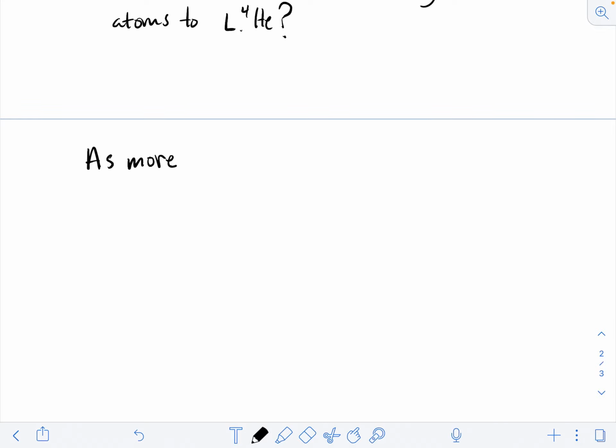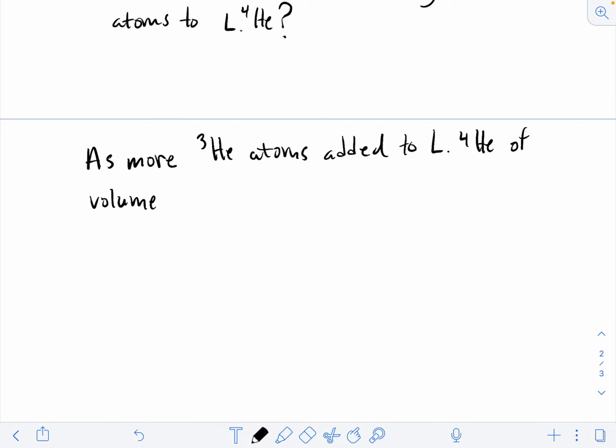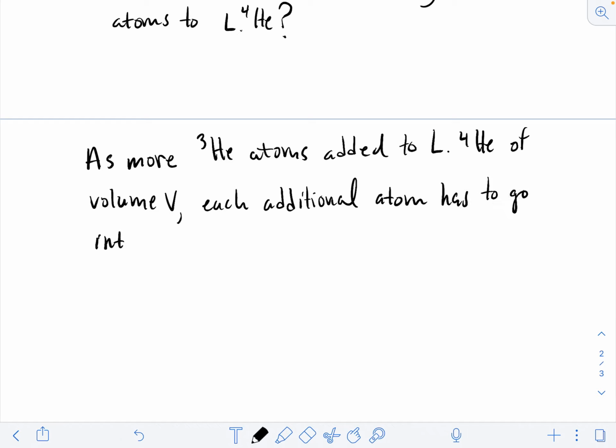So as more helium-3 atoms are added to the liquid helium-4 of, say, some volume V, each of these additional atoms has to go into a higher energy state.